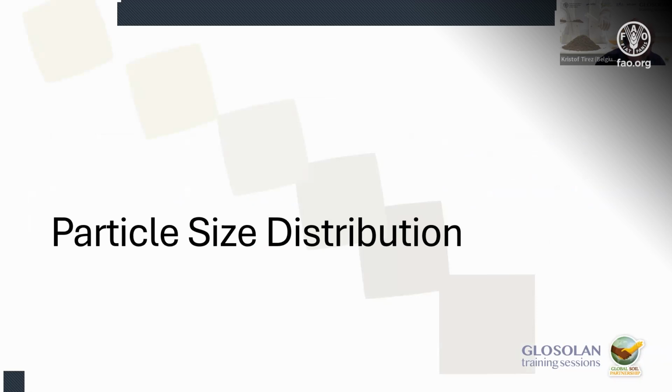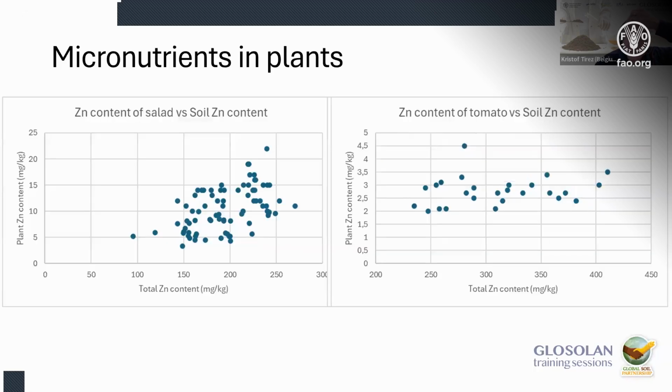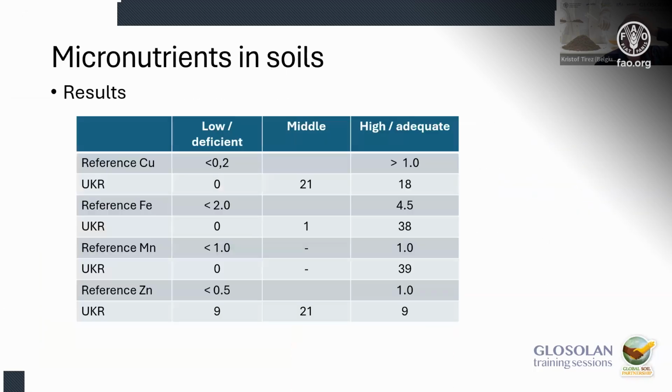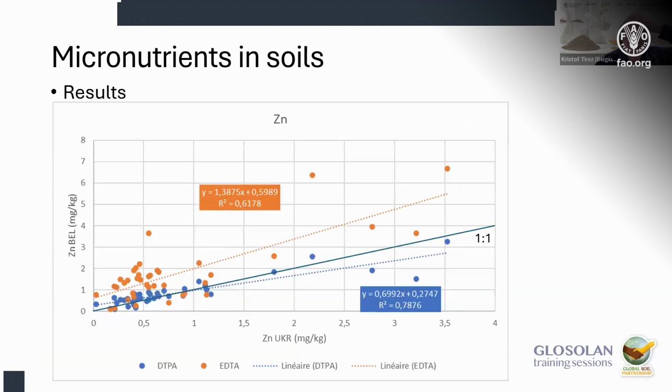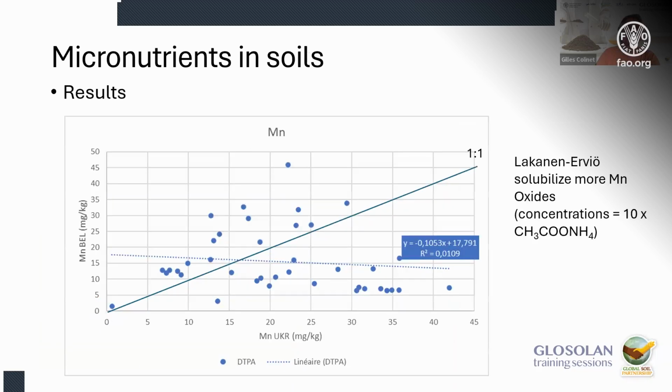Yes, thank you, Gilles. I was wondering, in the graphs that you showed between the relation of the EDTA and the DTPA, was it only the chelating agent that was different, or was there also a difference in pH and other extractions, or was it the same extraction solution, or only the extractant? Yeah, you're right.